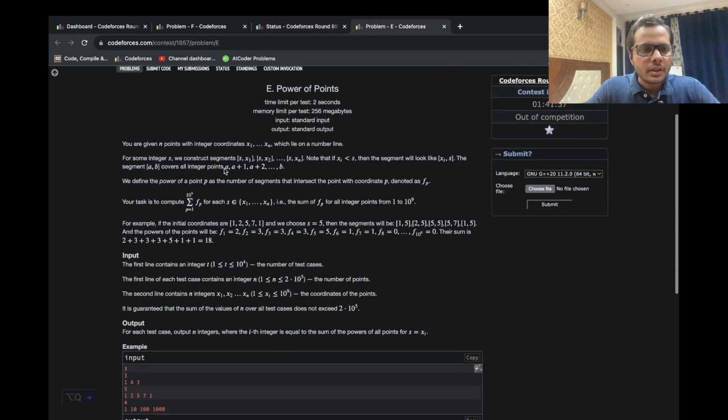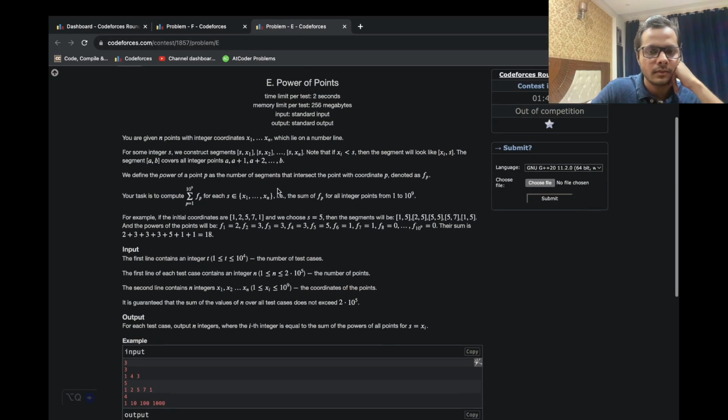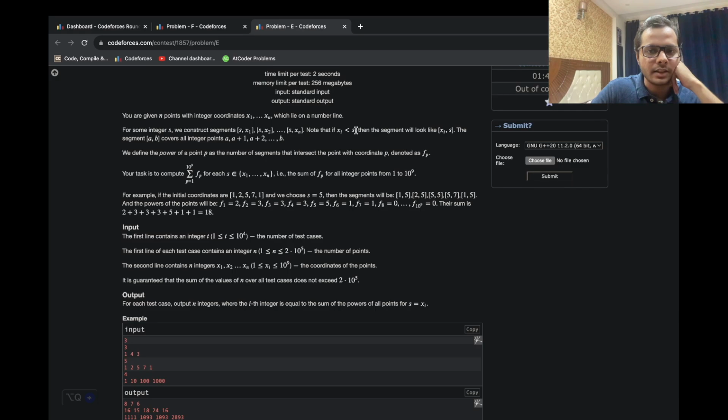Alright, problem E. So you are given n positive integer coordinates x1 to xn which lie on a number line. For some integer s, we construct segments from s to x1, s to x2, s to xn, so on and so forth. Note that if xi is less than s, then the segment will look like xi to s. We define the power of a point P as the number of segments that intersect the point with coordinate P, denoted as FP.